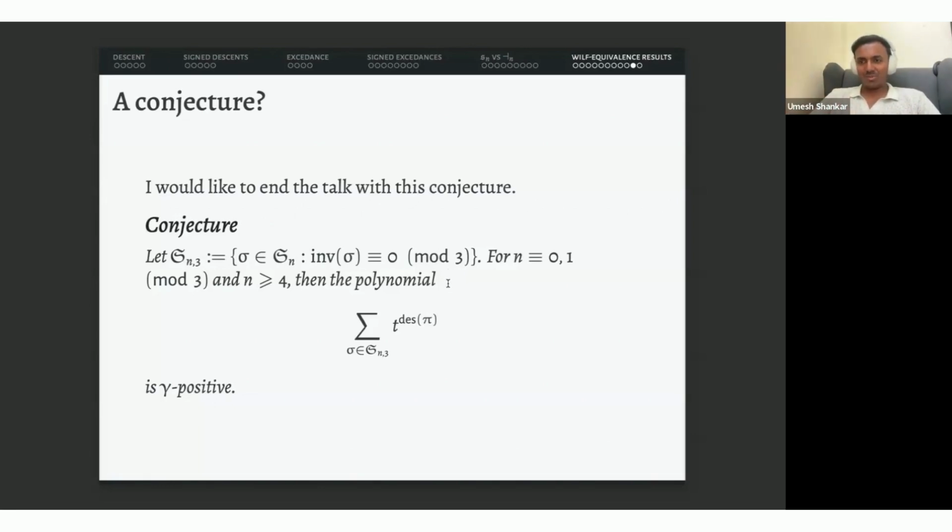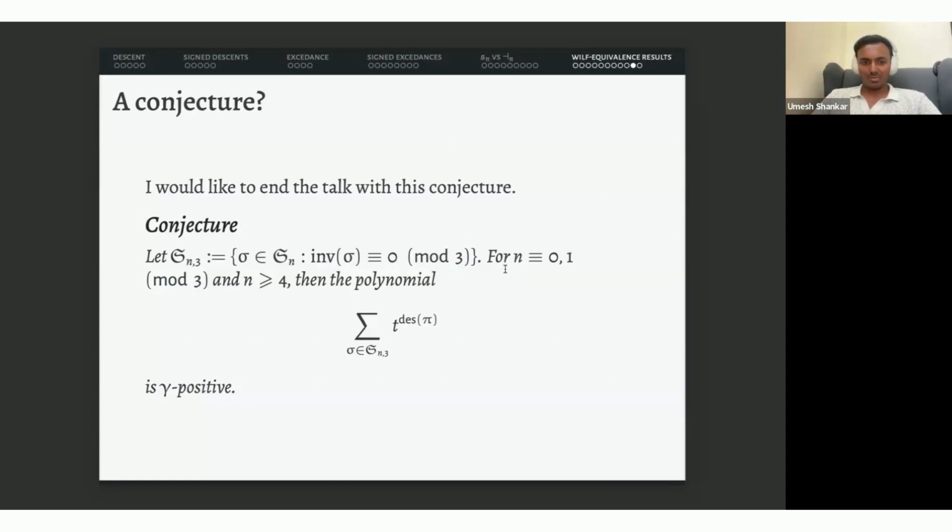You can try 4, 5, 6, and it seems to be the case that whenever you end up with a palindromic polynomial, this comes from some condition on n and the number inside this modulo. You can come up with cases where it will always be palindromic. For each n you can find some k such that it is always palindromic, and those appear to be gamma positive. This is something that I just noticed.